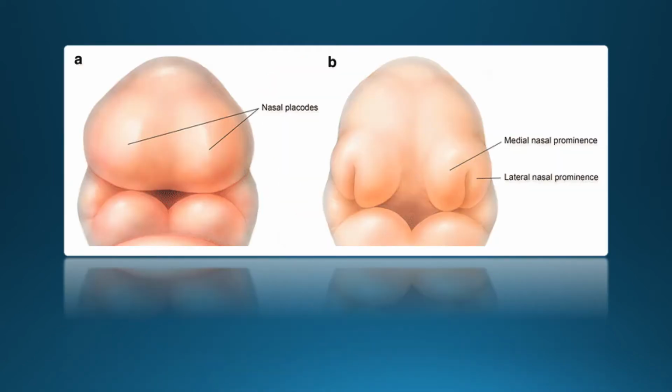Here we can see the proliferation of the cells in the picture, and this we can call the nasal placode or olfactory placode. Both are the same. So we can see the proliferated cells in this part.